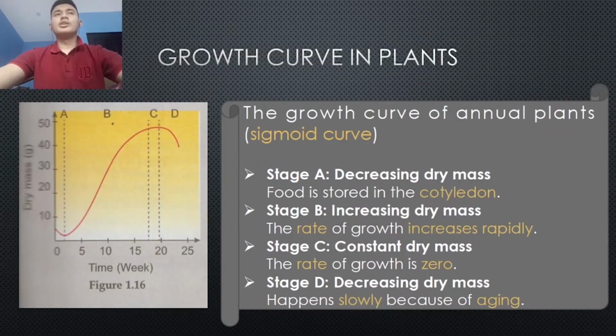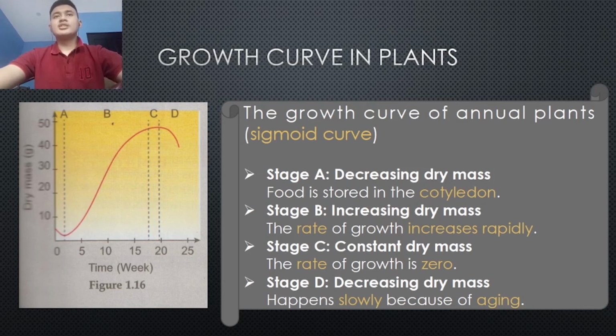Now, the growth curve in plants. The first is the growth curve of annual plants, which is a sigmoid curve. This growth curve has 4 stages. The first stage is stage A, which is the decreasing dry mass.